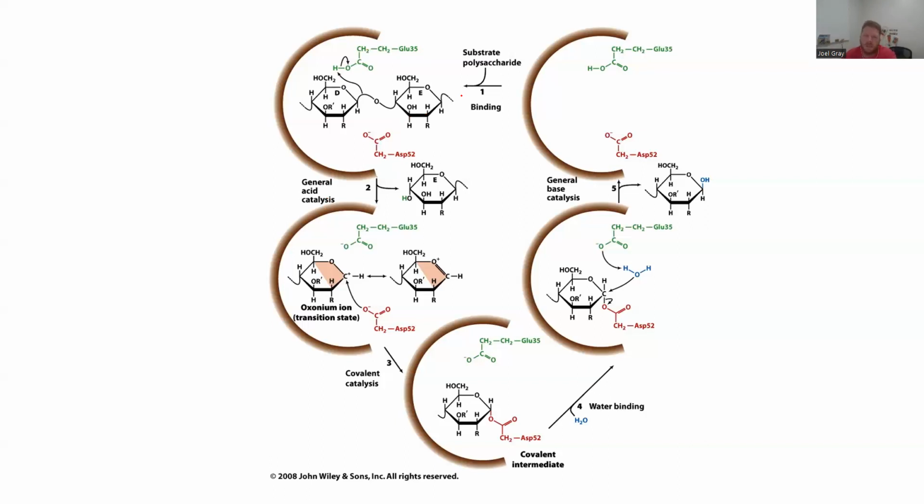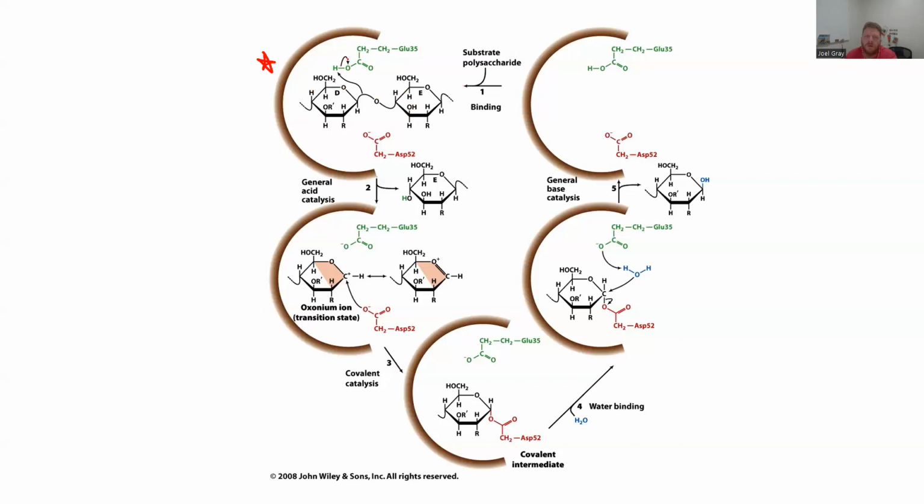Now, let's look at that glutamic acid 35. I'm going to start in the upper left-hand corner. It is protonated, therefore I'm using the correct terminology of glutamic acid 35, not glutamate 35.